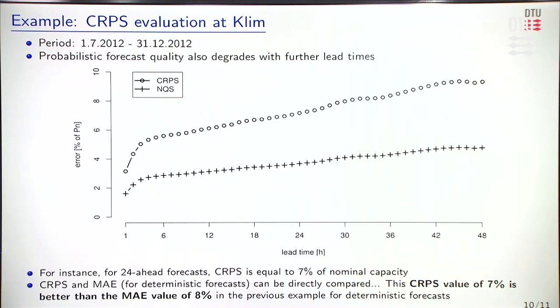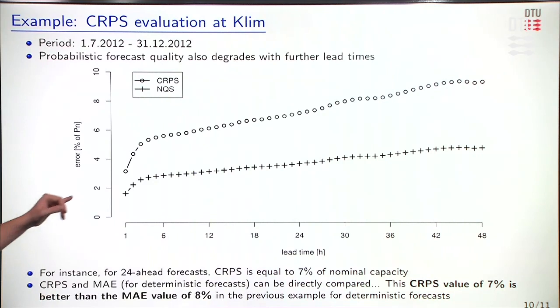Let's look at it for Klim again. We have a CRPS evaluation between the 1st of July 2012 and the 31st of December of the same year. And here, the CRPS values are shown as a function of the lead time. And again, it has the error here, which is normalized, and so it's expressed in % of nominal capacity.